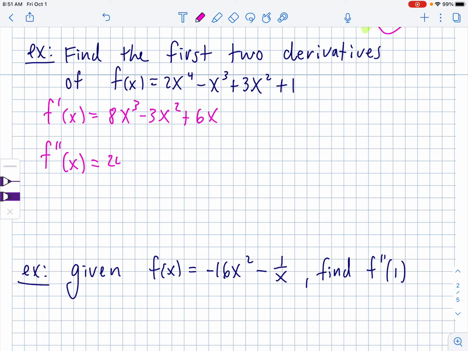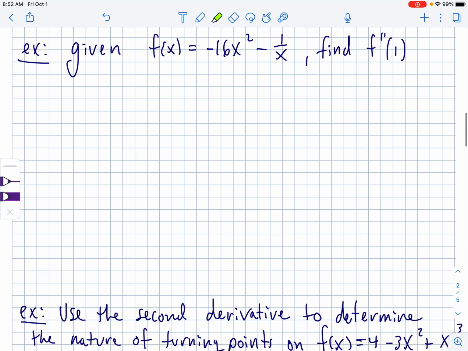So that's the first derivative. Now, second derivative, you just do it all again. 24x squared minus 6x plus 6. So this is the first derivative, this is the second derivative, as you can see from my primes there.